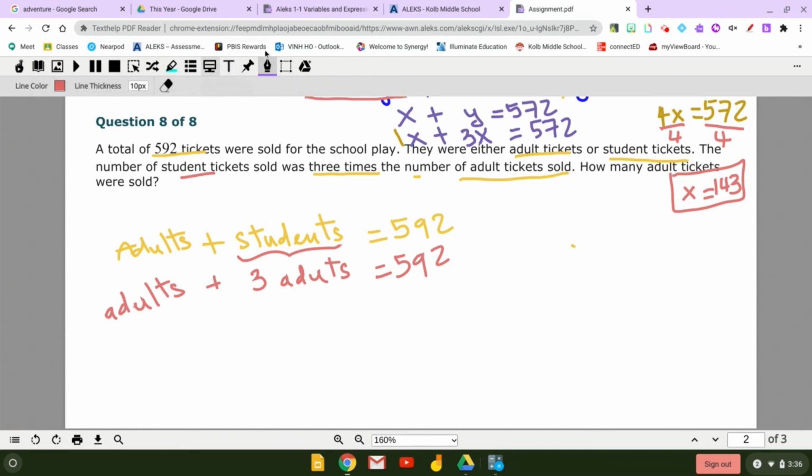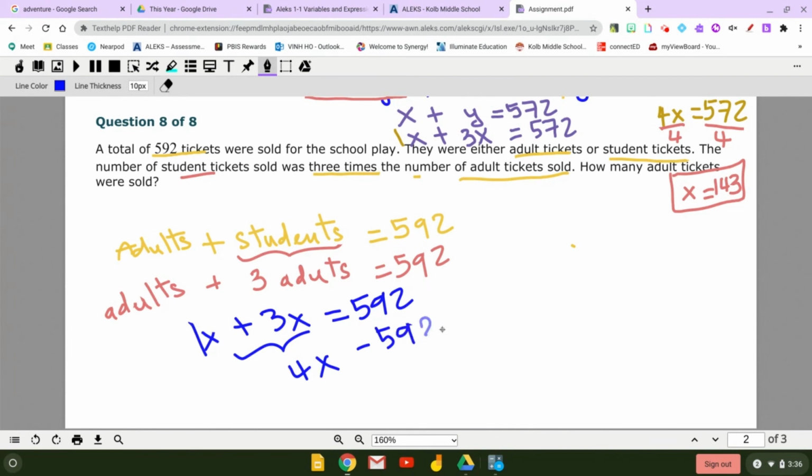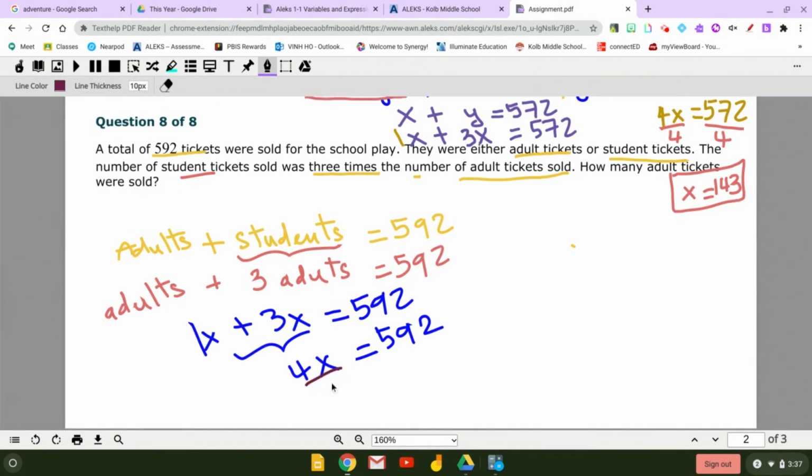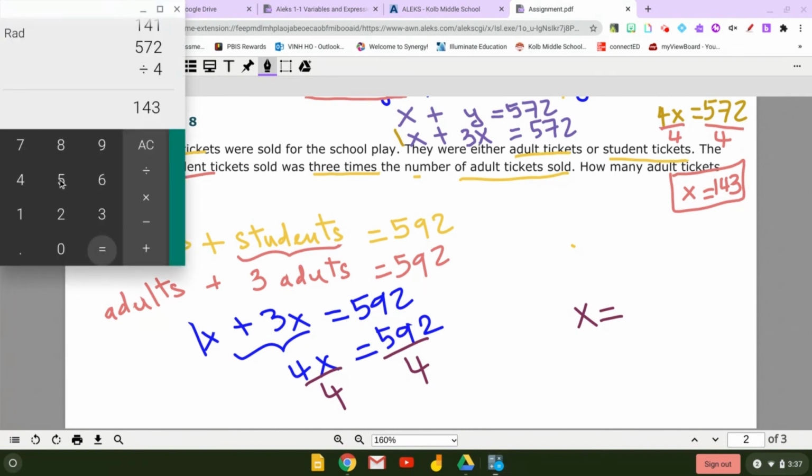If I replace adult with x, x plus 3x equal to 592. So 1x plus 3x gives you 4x equal to 592. We can go ahead and divide by 4 on both sides to get x by itself. So the answer is x equals 592 divided by 4, which is 148.